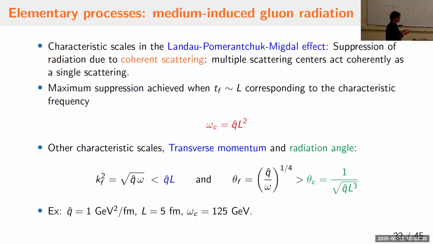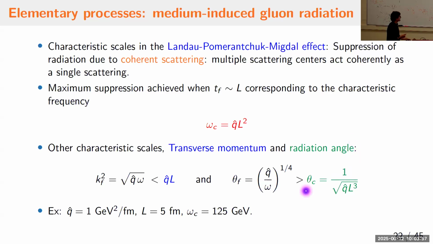This parametric discussion is very important, because without doing any actual field theory calculations, we can estimate and extract some scales. We learned about Q hat, we learned about this characteristic frequency omega C. We could even estimate the radiative spectrum.